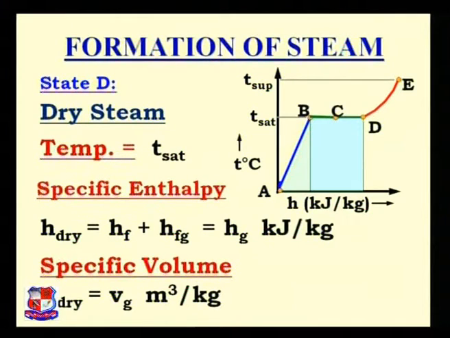Friends, the values like T set, HF, HFG and Vg are also available from steam table. So the properties at state D can be calculated using the steam table.